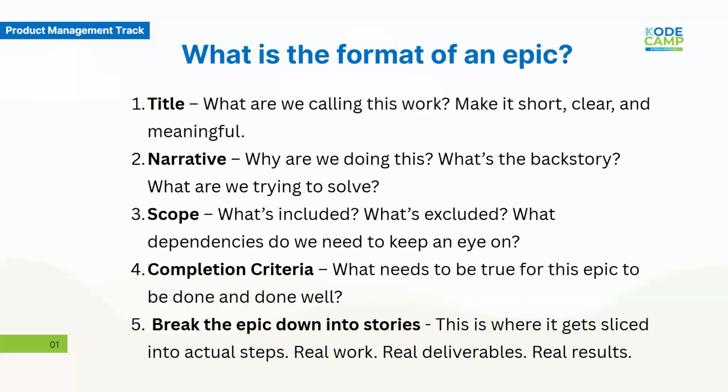If it depends on, let's say, an API that is not yet stable from development, please say it. If you need a new UI design from the designer who is working maybe on another project, please write that down as well and communicate this to your team.